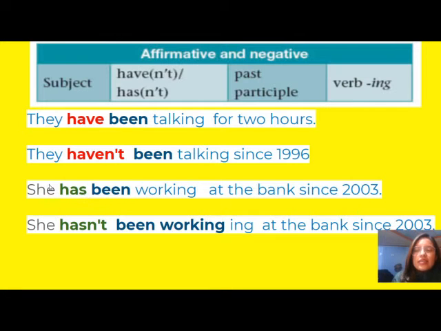In this case, you have to use she. For this reason, you have to use the auxiliary has and the verb be in past participle, been, working, the verb with ing, at the bank, since. Please read this. Leamos este numerito. Excellent. Don't forget the number, please.